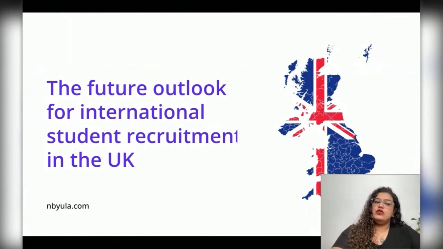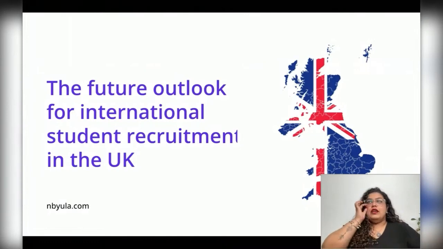What does the future for international student recruitment in the UK look like? Now, before I get into this section through my deck, let me just say that when it comes to MS in computer science, and specializations in MS in computer science, the sky is the limit. That's the only way I can put it. There is no stopping the growth of AI or robotics, of anything related to computer science.